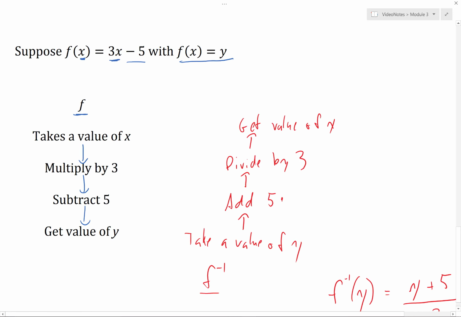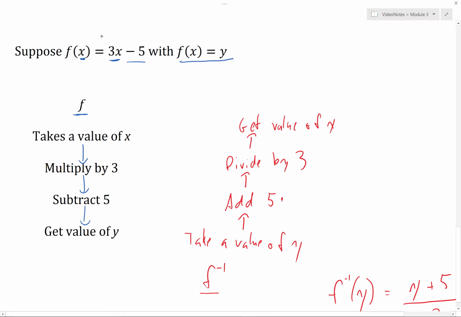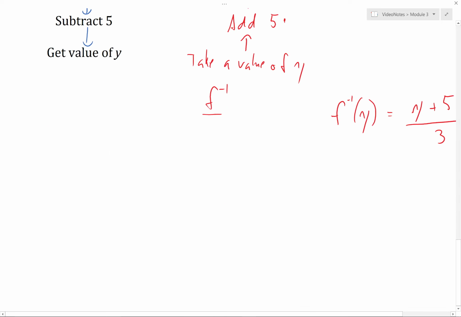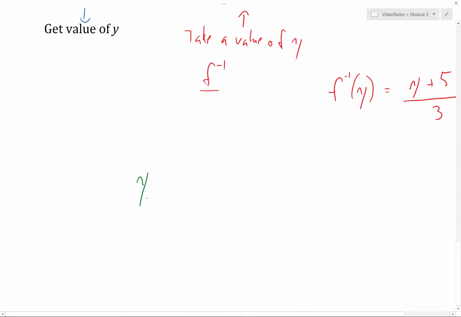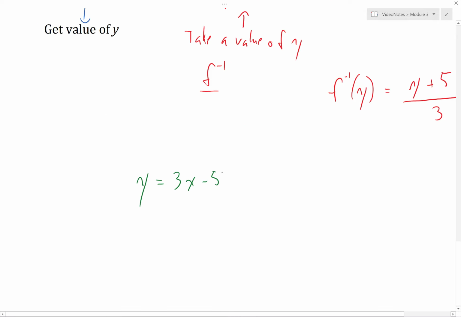Notice that we could also solve this a different way. We could write a formula for f inverse in a slightly different way. f of x is equal to 3x minus 5, and f of x is equal to y. So y is equal to 3x minus 5.